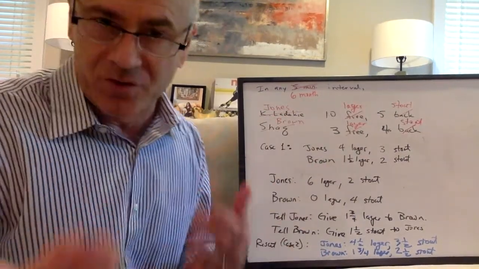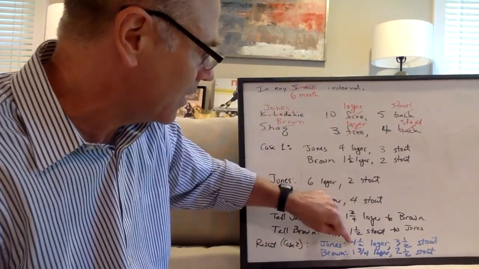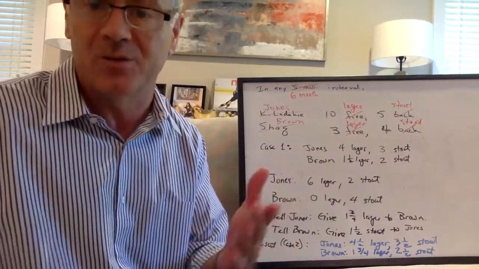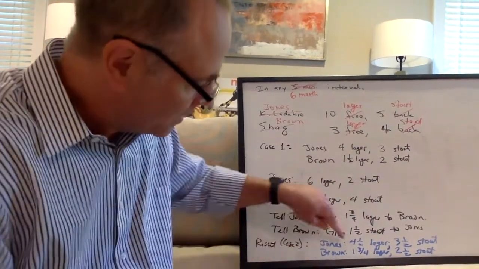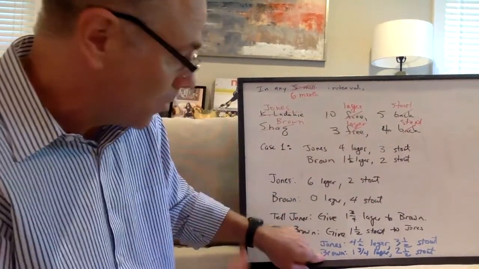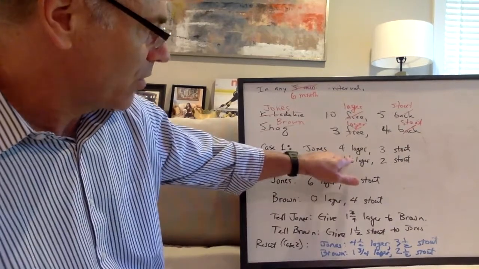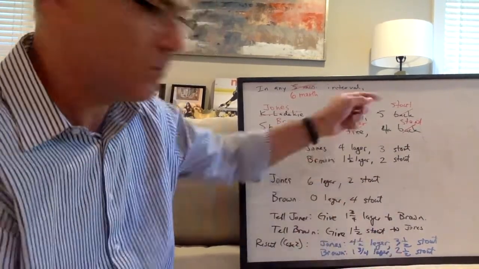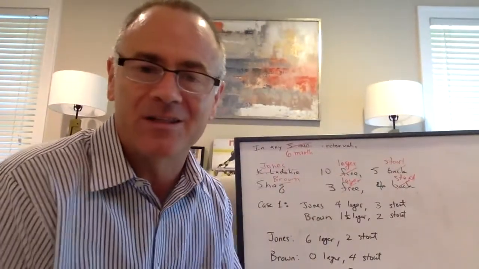Okay, if you're doing this on a test and you just made Jones have exactly the same amount of lager but more of stout, we would also say he's strictly better off. But here we actually made it so he had more of each, more lager and more stout. Meanwhile, what happened to Brown? Brown has 1 3/4 lager, more lager than before, and 2.5 of stout, more stout than before. Both of them have more of each than before.